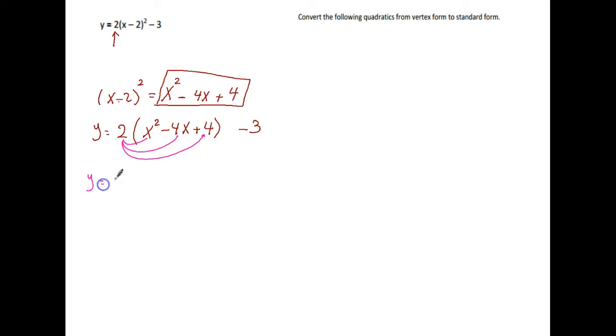So y equals 2x squared minus 8x plus 8 minus 3. Am I done? No, because I need to combine like terms. So y equals 2x squared minus 8x plus 5.